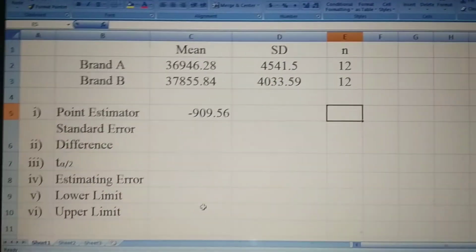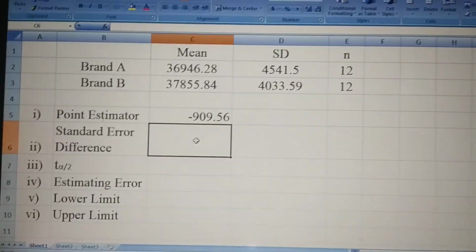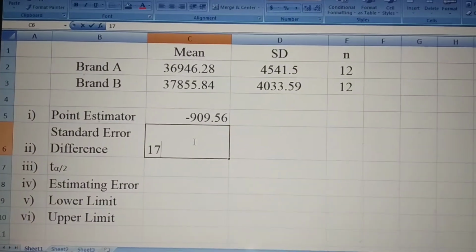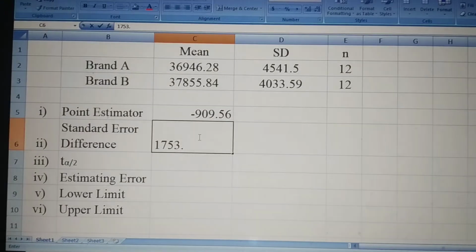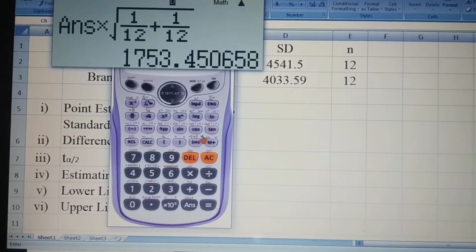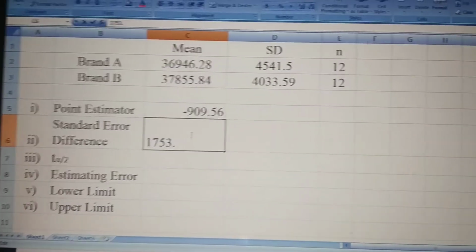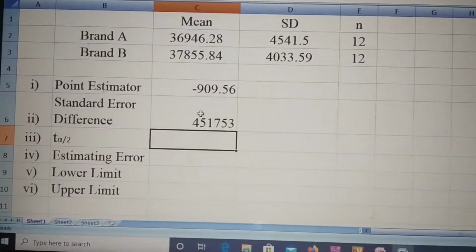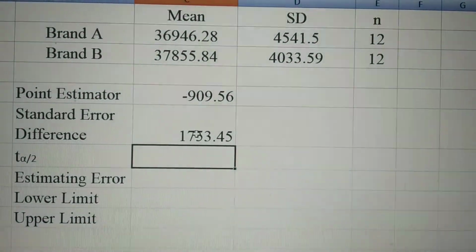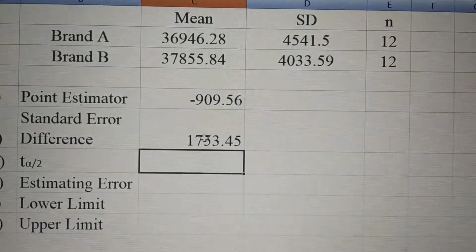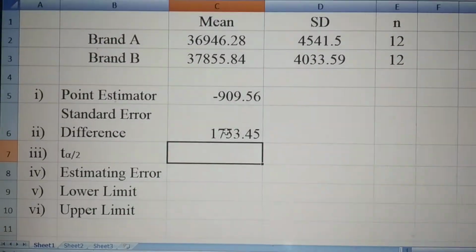Let's type it here: 1753.45. This is the value of standard error difference.